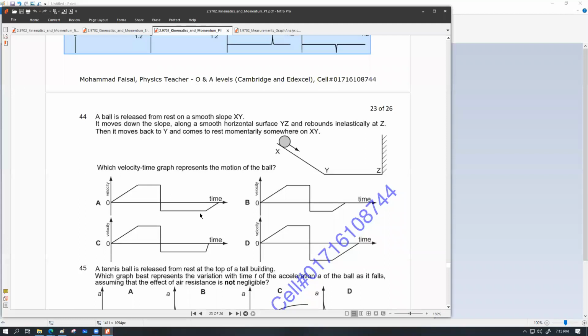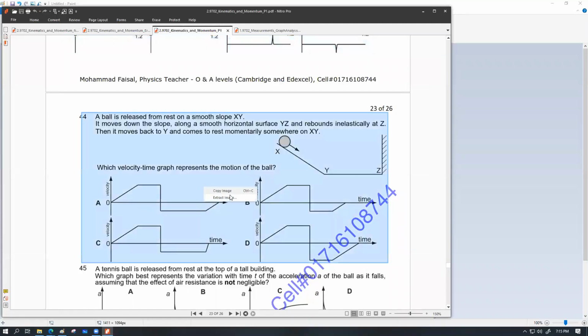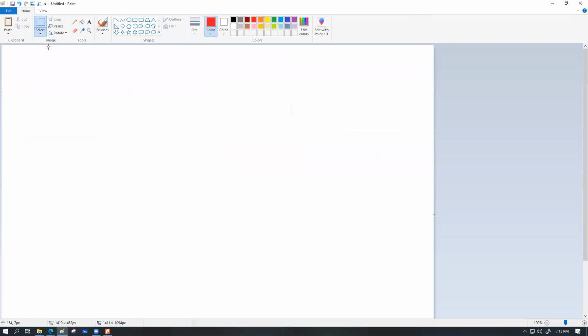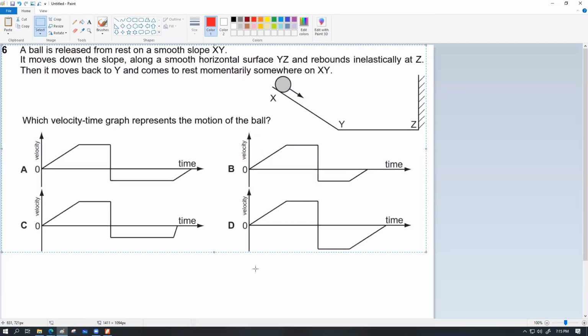Okay. Number 44. I like this question and I'm going to discuss this question in detail. Everyone read the question and tell me the correct answer. What made the sound when it hit? Go ahead, give it a read.